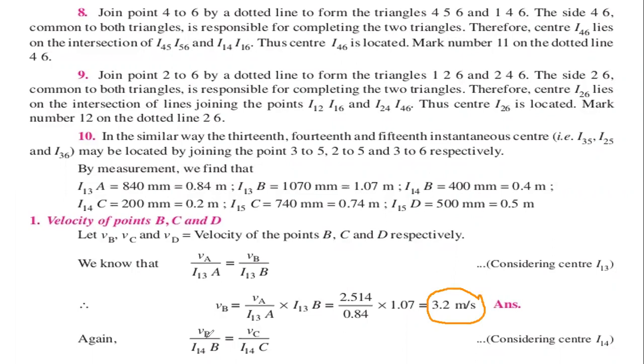Then again we are going to find the velocity of C with respect to B. So velocity of B by instantaneous center of 14 into B is equal to velocity of C by instantaneous center 14 into C, that is with respect to the 14 center.